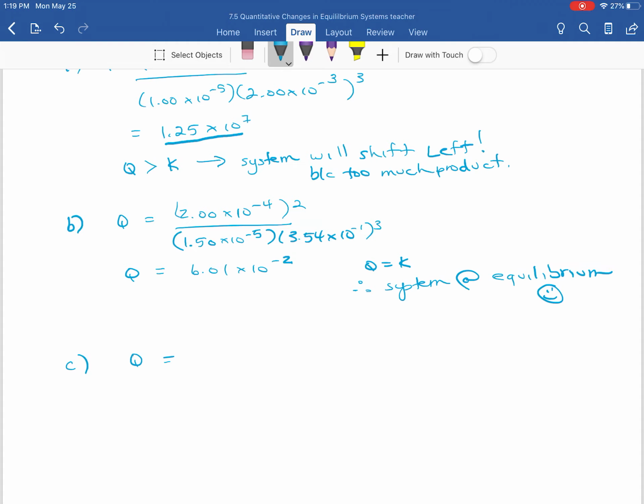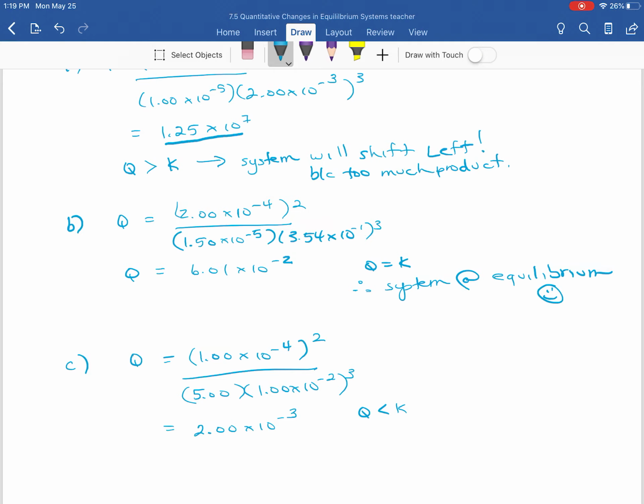Lastly, for situation C, when I plug those values into my calculator, my Q is this value. So Q in this situation is less than K. Since Q is less than K, that means there's too much reactant.